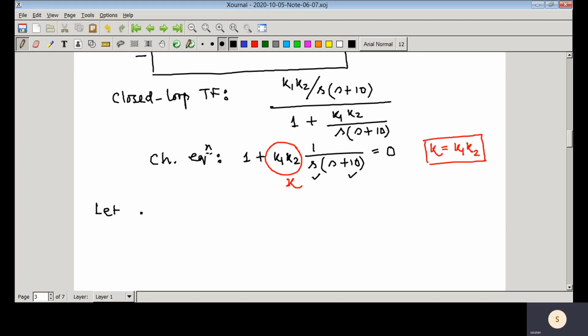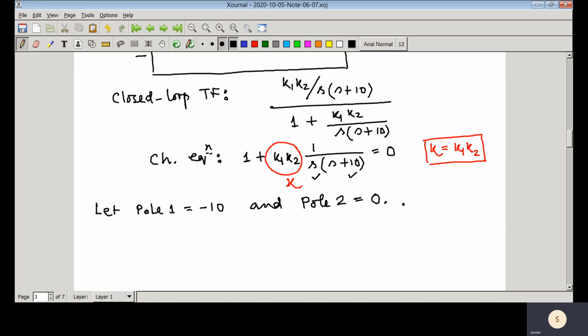So let us label pole 1 as minus 10 and pole 2 as the origin.